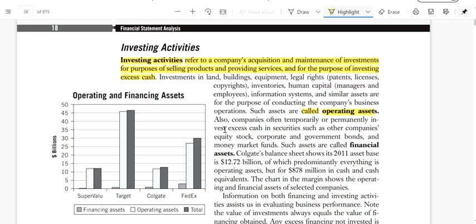Companies often temporarily or permanently invest excess cash in securities such as other companies' equity stock and government bonds and money market funds. Okay, selain dia invest dalam untuk operating asset dia pun invest dalam equity stock. Okay, dia pun beli saham company lain, invest dalam government bond, dia invest dalam money market fund.